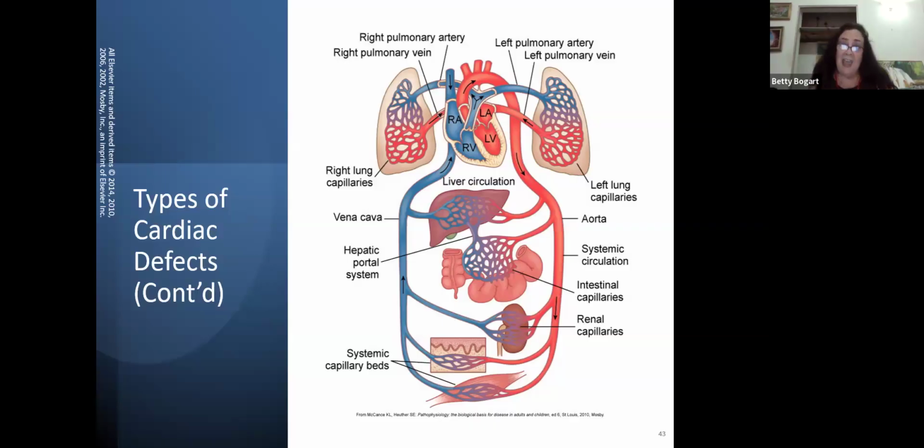Now, if I see this, no pulses in the feet, what am I going to do? Because I now have a suspicion there's a kink, blood's not going. I'm going to do a 4-extremity blood pressure. Now, what am I going to see? How am I going to make this diagnosis of coarctation of the aorta? Well, if blood can't get down to the feet because there's a kink, the lower extremity blood pressures are low.